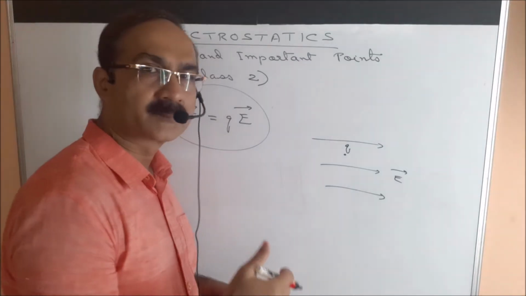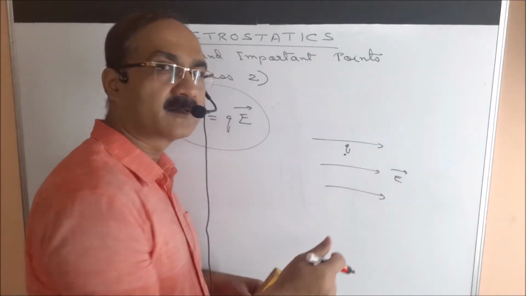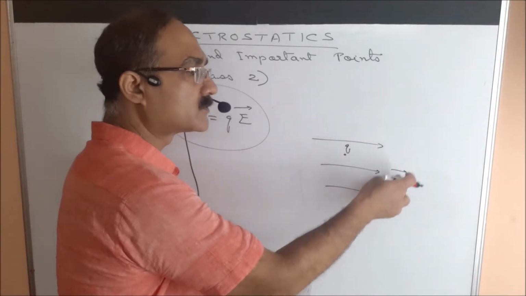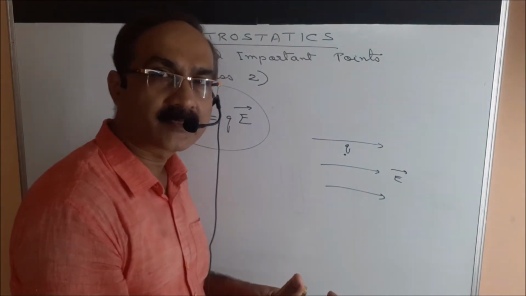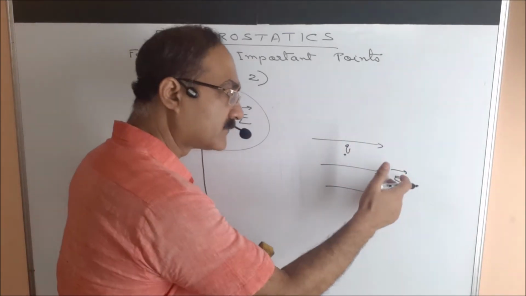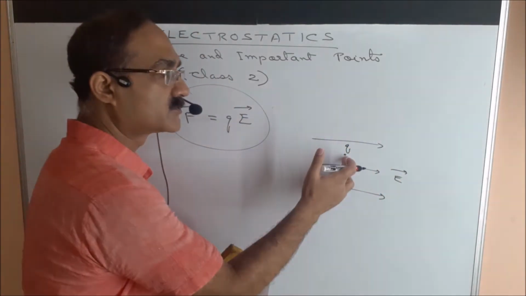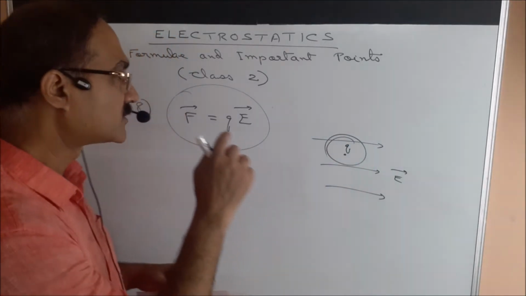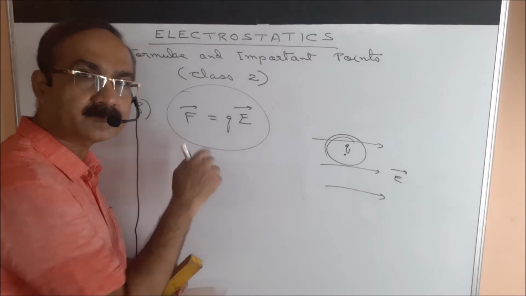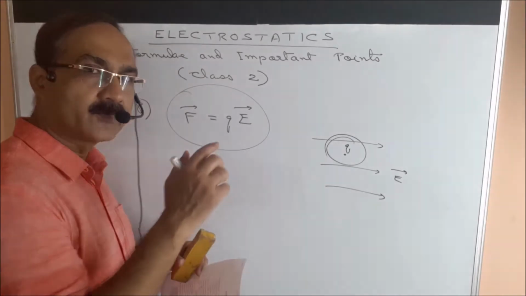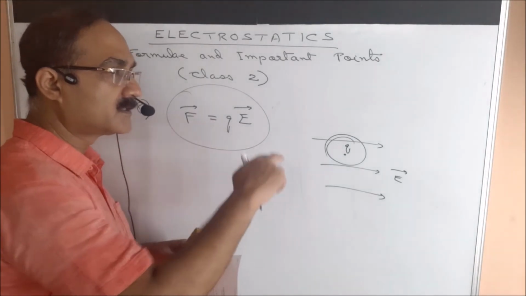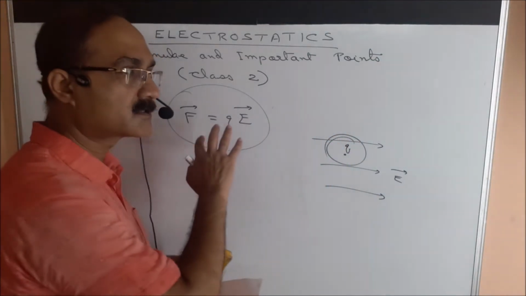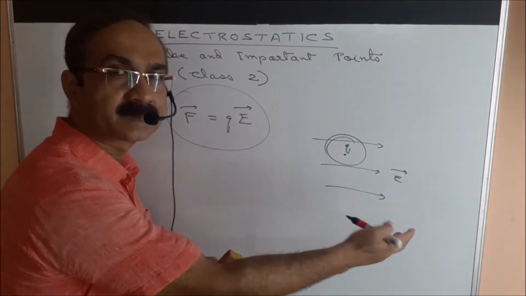The source of this electric field can be anything. We are not bothered about the source of this electric field. What we are bothered about is, in this electric field, if we place a charge Q here, what will be the force on this charge, which is given by this formula. Clear? So when you see this formula, this situation should come to your mind automatically. So this is valid for that situation.